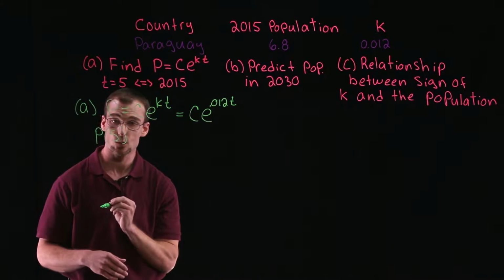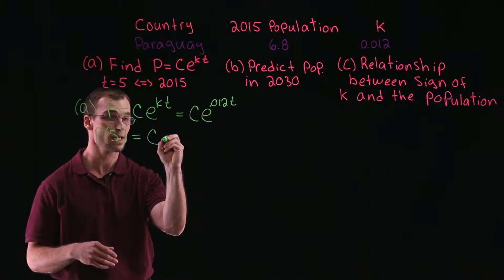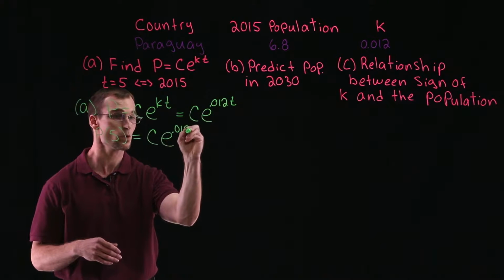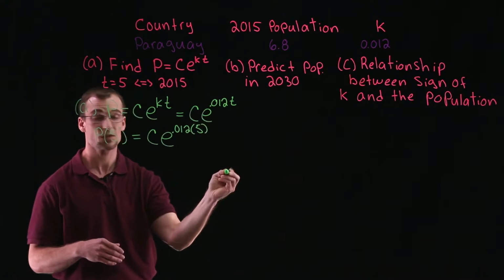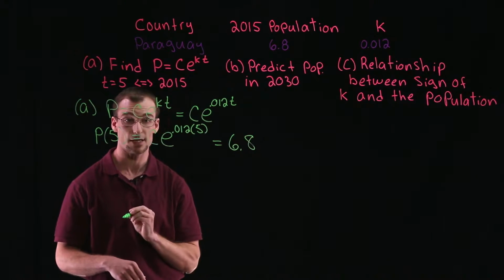So that implies that the population value when t is equal to 5, or P of 5, is equal to C times e to the 0.012 times 5, is equal to 6.8.